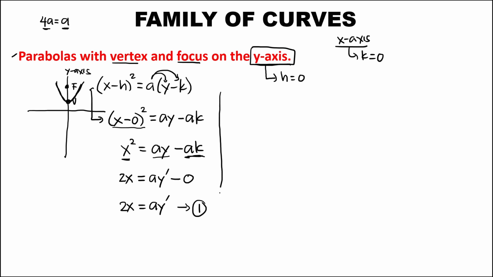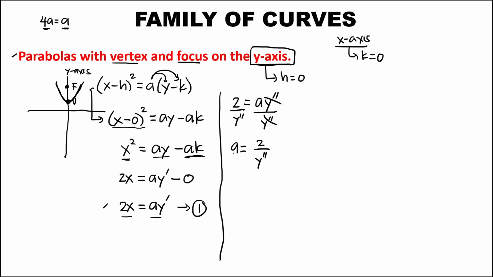Then to find the second derivative, the derivative of 2x is 2, equals the derivative of a times y prime, which is a times y double prime. Then we need to solve for a, divide both sides by y double prime. So a is equal to 2 over y double prime.